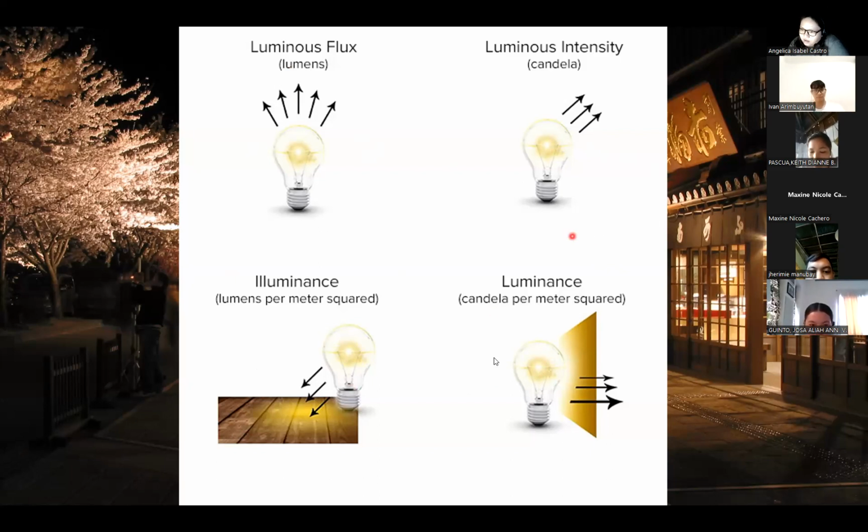Okay? The luminance, this is also what we see. It's candela per meter squared. So kung ano yung nakikita natin, ito yung napaperceive natin. Itong dalawa, yung perception ng human eye. Ito, as it travels, ito pag tumama na siya. This is the lux, the illuminance, lumens per meter squared is what we call the lux.